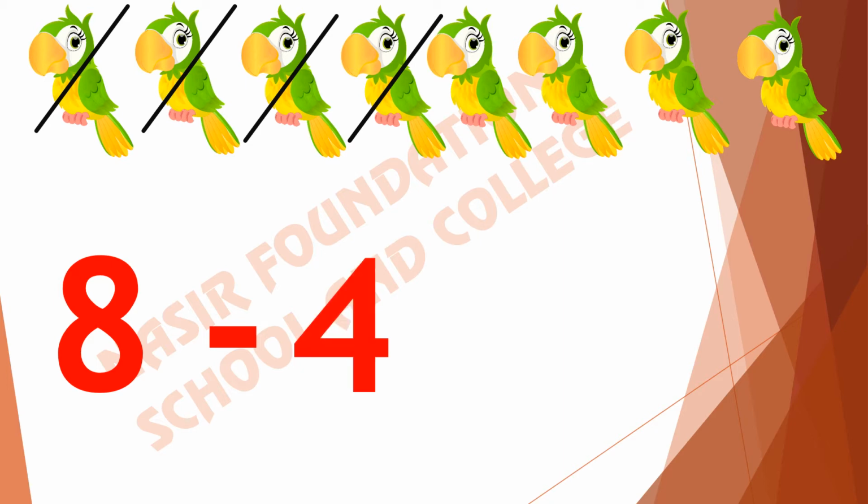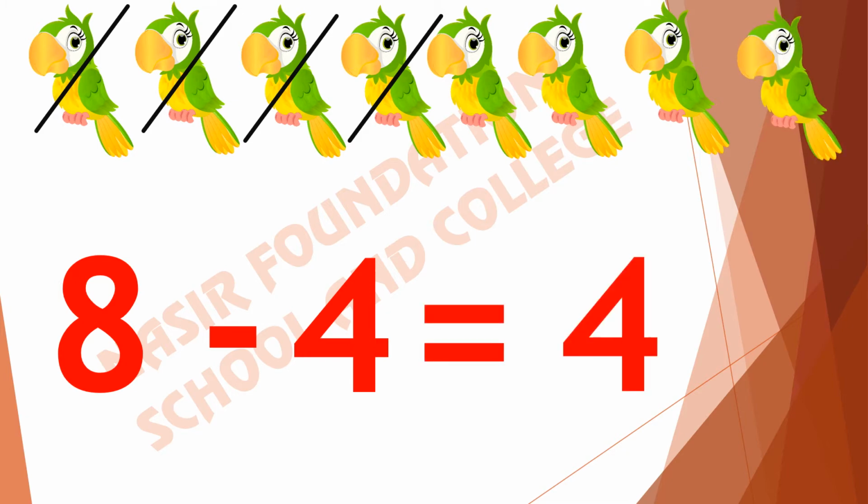We are subtracting 4 parrots out of 8 parrots. So how many parrots are left there? 1, 2, 3 and 4. We are left with 4 parrots. I repeat, if we subtract 4 out of 8, we get 4.